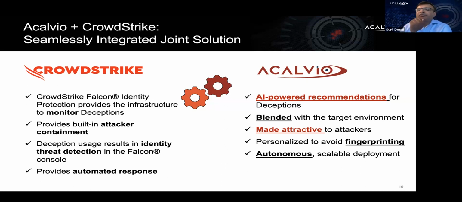The Acalvio Honey accounts and Honeytokens are also personalized to avoid any fingerprinting attempts by attackers. So effectively, it creates dynamic recommendations, personalizes the deceptions, and ensures that attackers are unable to fingerprint them. This provides autonomous and scalable deployment.